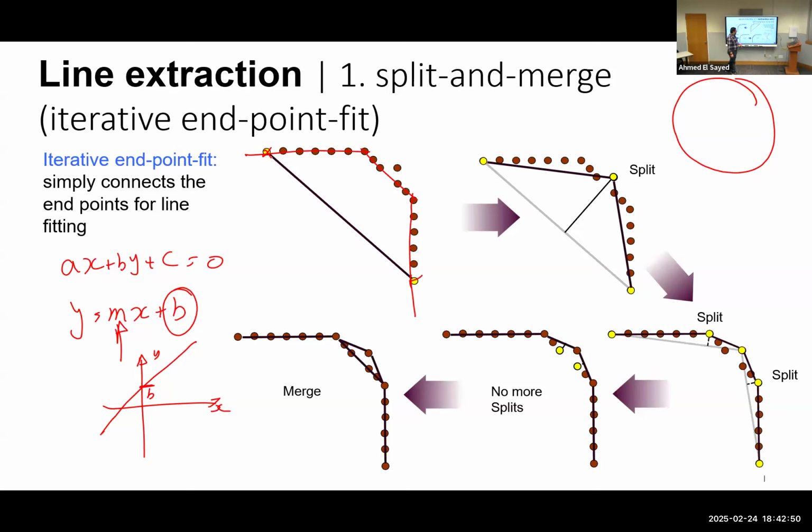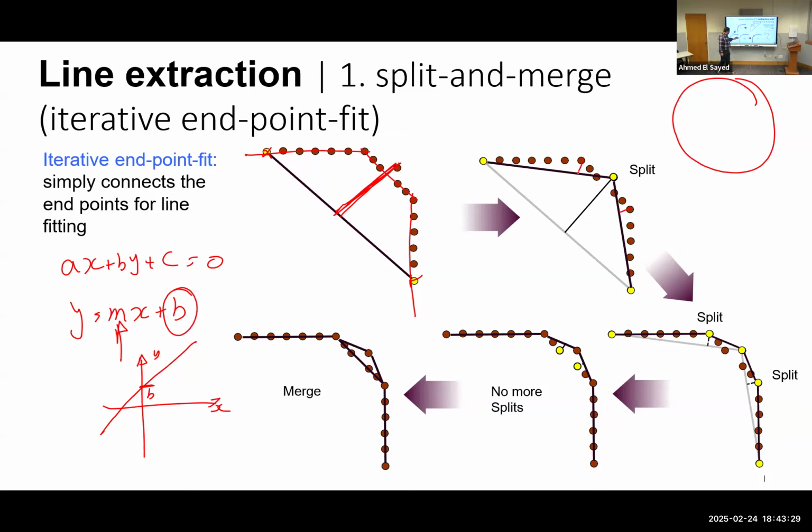Then split that line with the point at the maximum distance you have. It can be from the middle or any other point, but it should be the maximum point. So this point will divide it into two lines. Then each one of those two lines will find its maximum point as well and split itself.